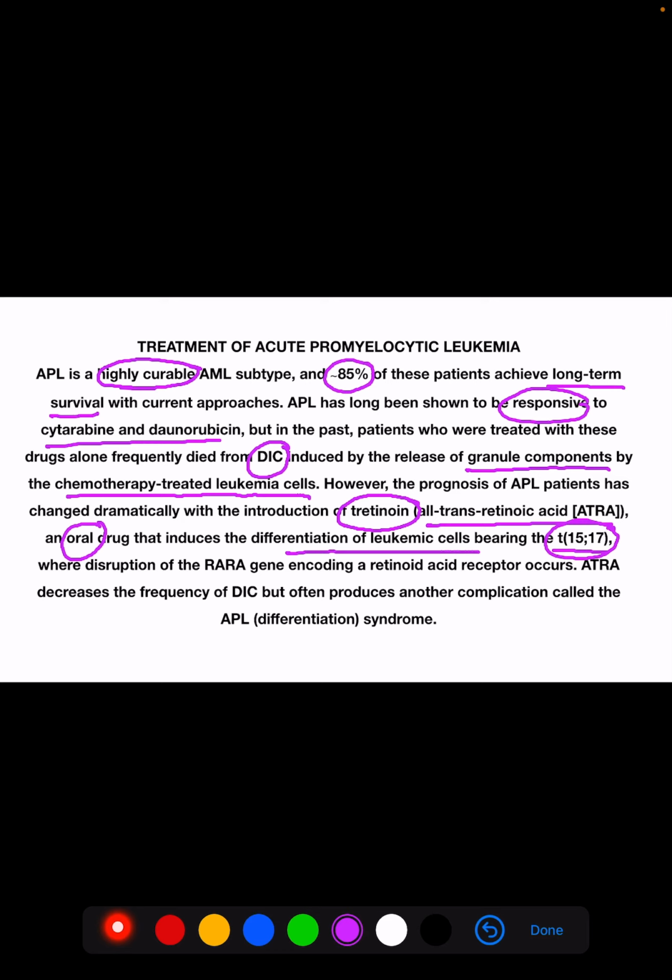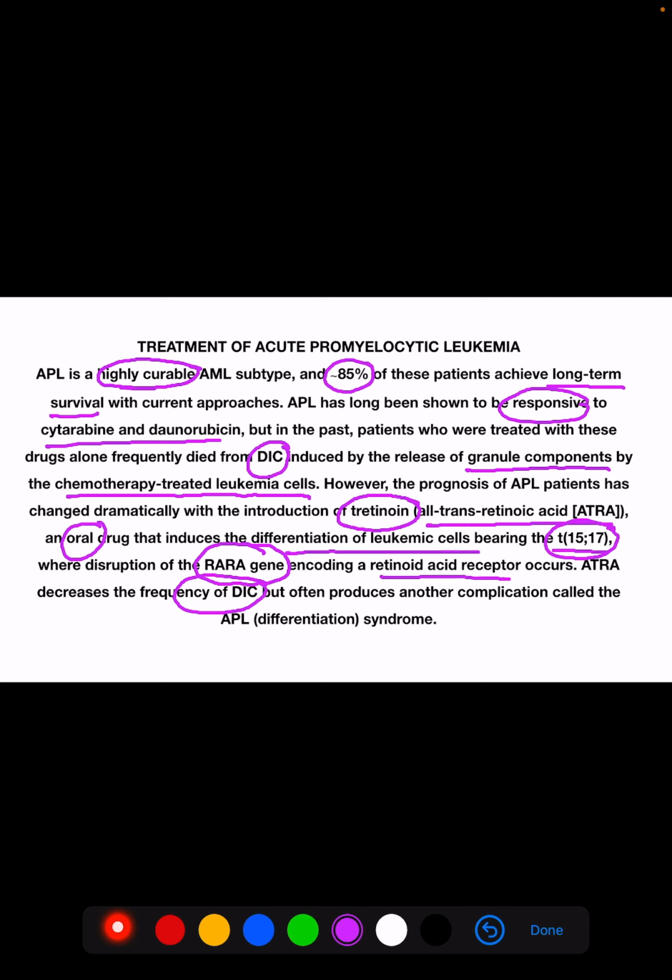So this oral drug, all-trans retinoic acid, induces differentiation of leukemic cells, and this ATRA decreases the frequency of DIC.